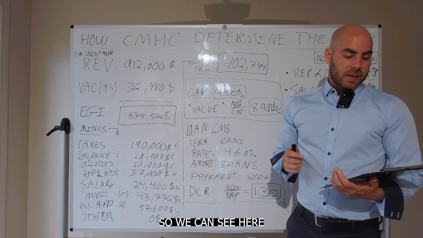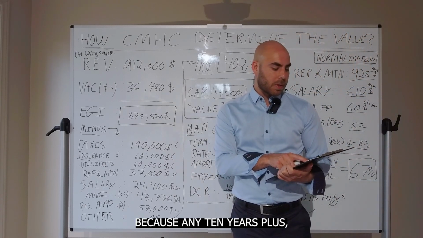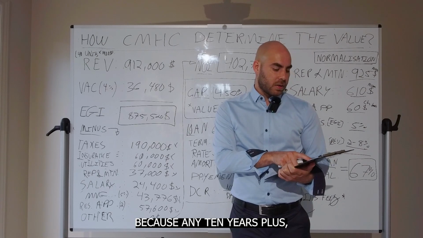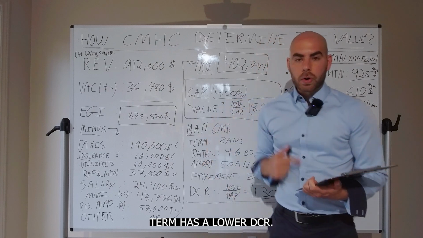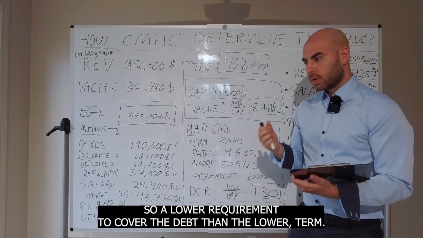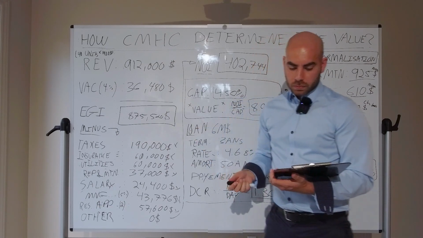So we can see here that it reflects on the DCR, because any 10 years plus term has a lower DCR, so a lower requirement to cover the debt than a shorter term.